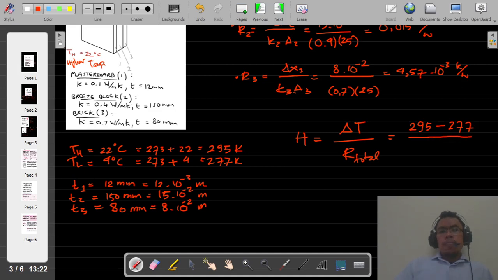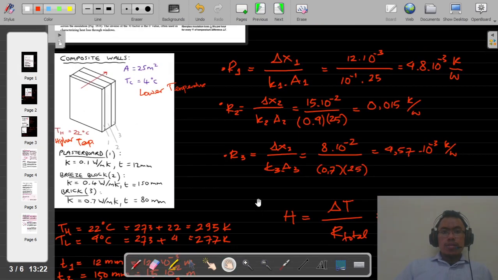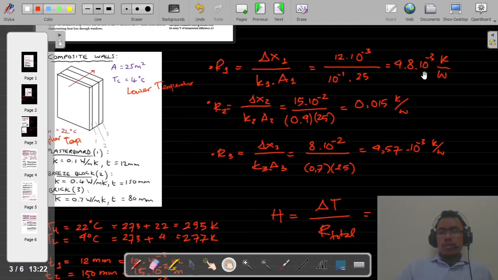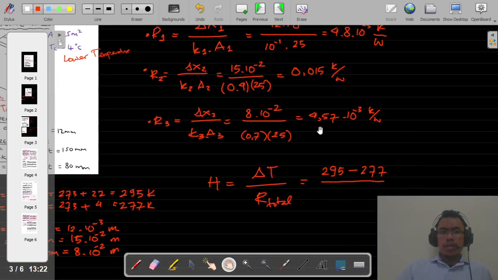And then the R total, you sum all of these values.